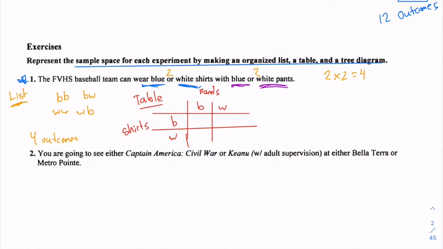Finishing off this table, you have blue, blue, blue, white, white, blue, depending how you do it, or white, white. And again, 4 options. This is kind of like a multiplication table too. It's like B times W, BW. W times W, WW. So that's your table.